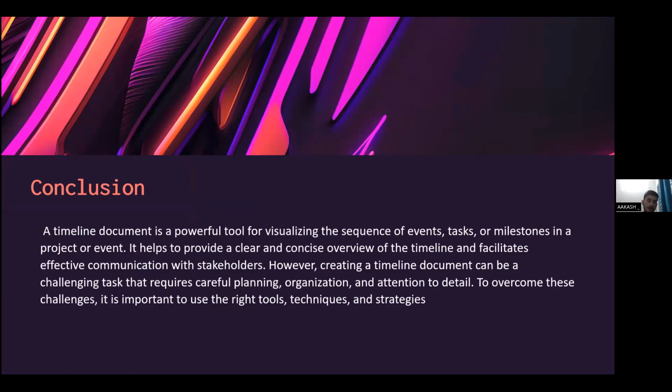But by following best practices and investing time and effort in creating a high quality timeline document, we can ensure that our project or event stays on track and achieves its goal. To overcome these challenges, it is important to use the right tools, techniques and strategies. So this was all about the conclusion.